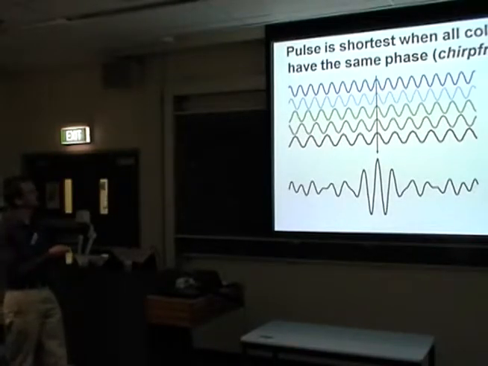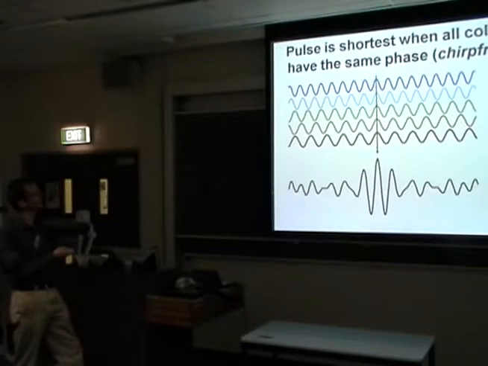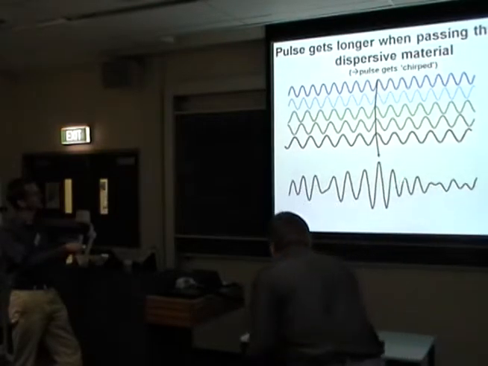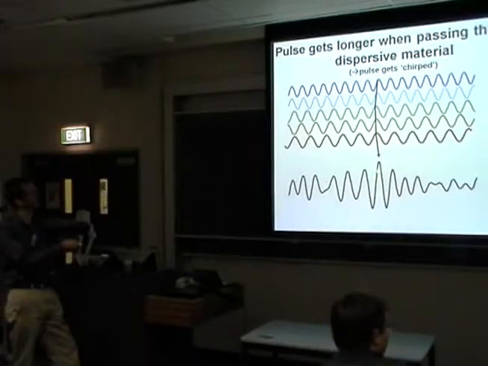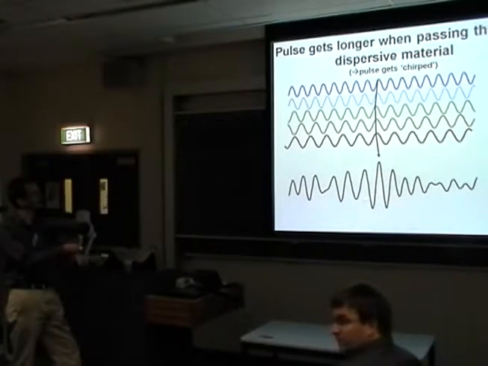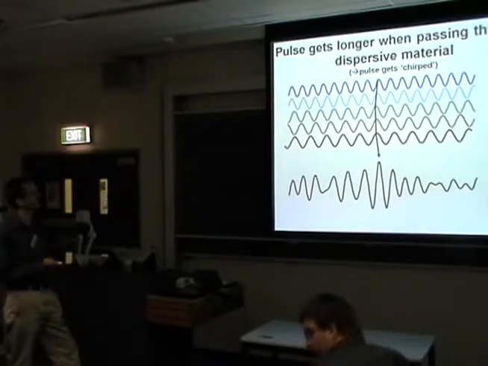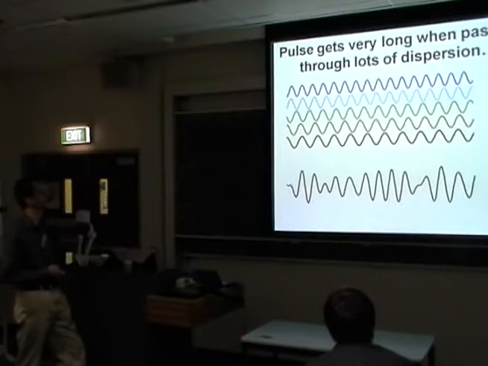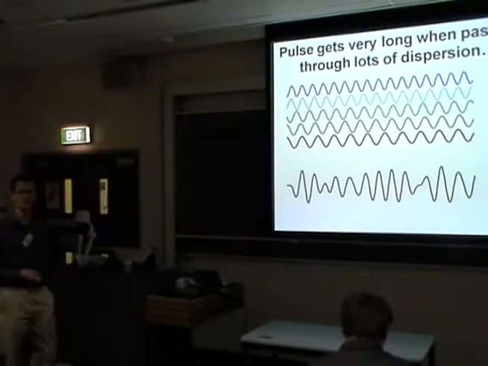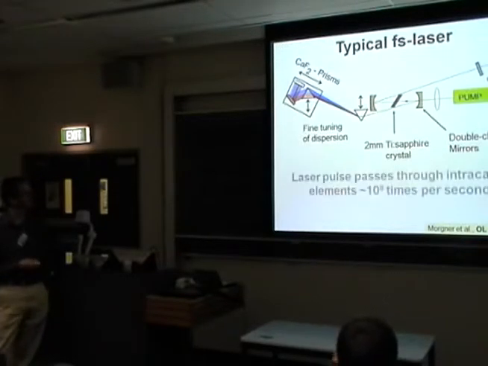But if this goes through some dispersion, the phase between these will start to shift, and you see, even this small shift from here to here, the pulse is nearly gone, because now suddenly I get only partial constructive interference here, and instead of having nice destructive interference over here, I still have some constructive interference going on. If I shift it a little bit more, all I get is noise. I don't like noise, so this is bad. So I care about dispersion compensation.